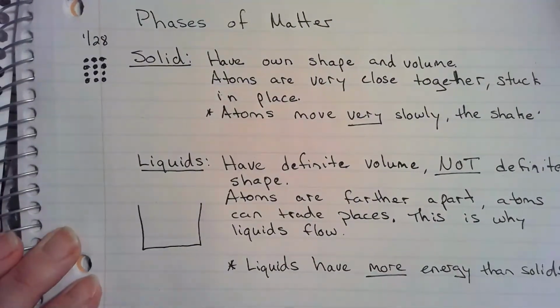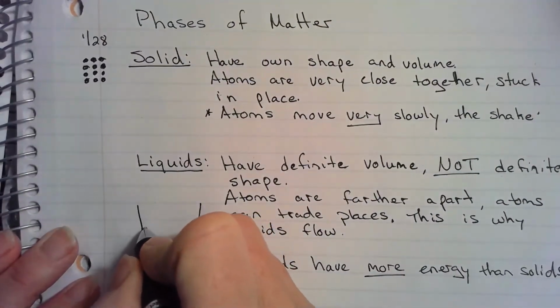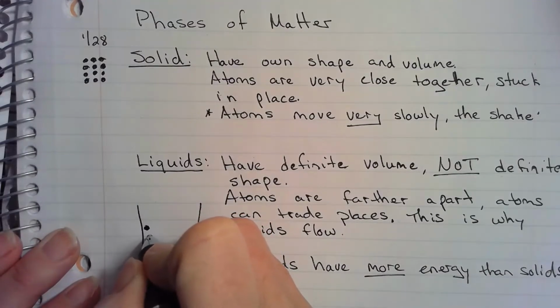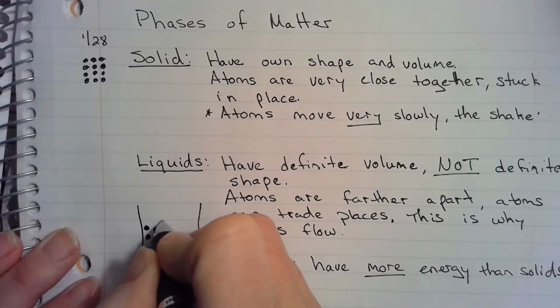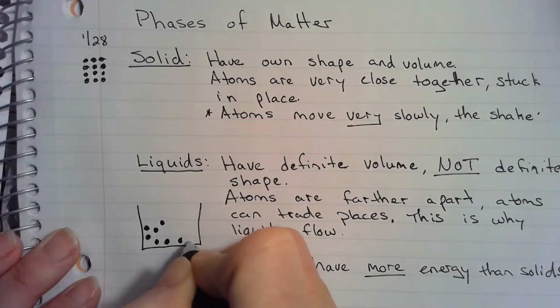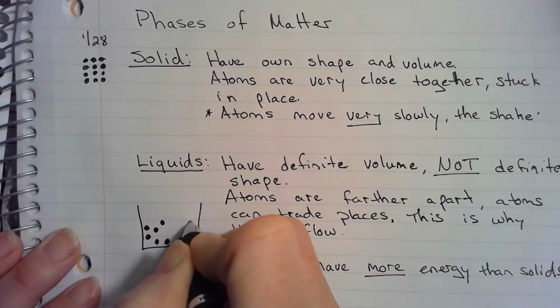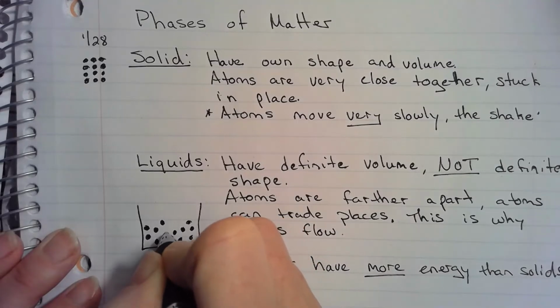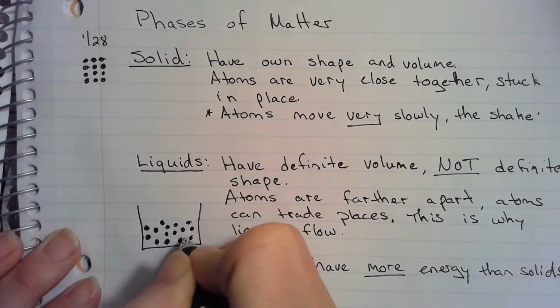It's going to take the shape of that container, so they're a little farther apart. Whatever container that you draw, that's the shape that your atoms or your molecules will flow into.